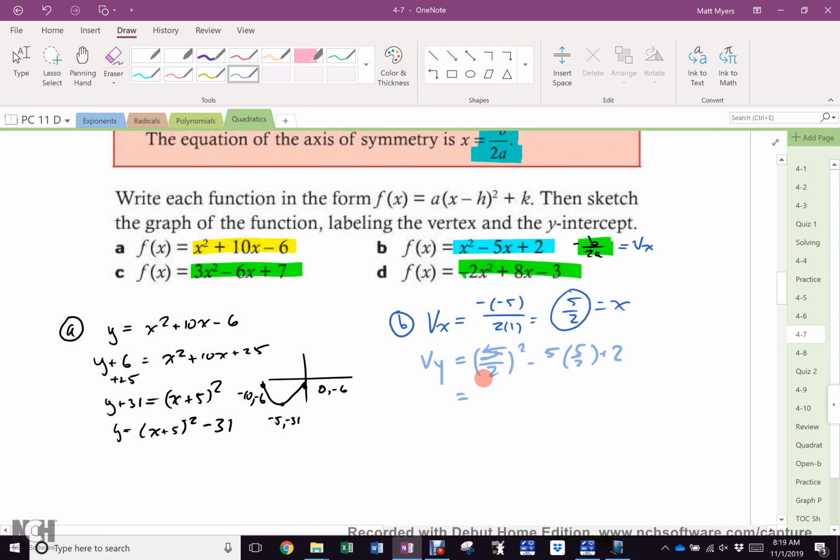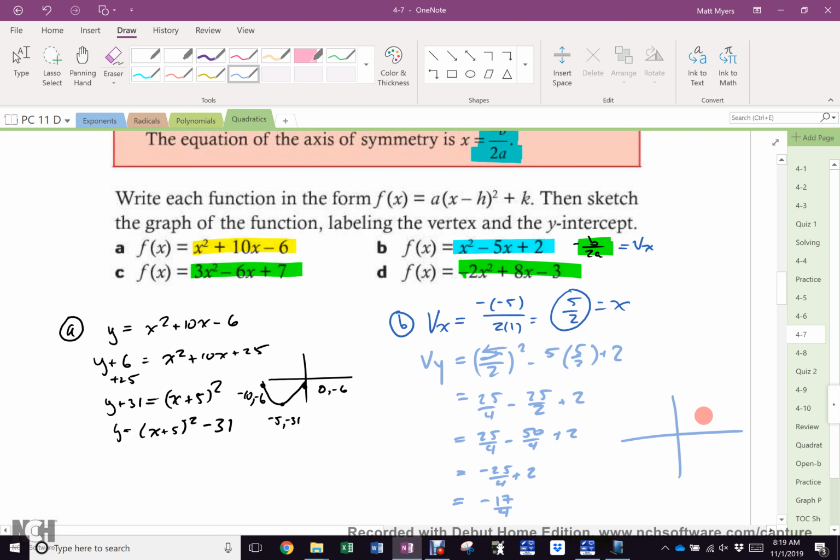And that gets me 25 over 4 minus 25 over 2 plus 2, which is 25 over 4 minus 50 over 4 plus 2, which is negative 25 over 4 plus 2, which is negative 17 fourths. And now I can graph it.